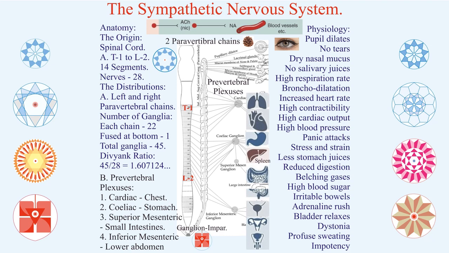Whereas in the sympathetic, preganglionic fibers are short and postganglionic are longer. The neurotransmitter for parasympathetic, both preganglionic and postganglionic, is acetylcholine. But in sympathetic, preganglionic is acetylcholine with nicotinic receptors. Post-ganglionic, it is noradrenaline or norepinephrine.